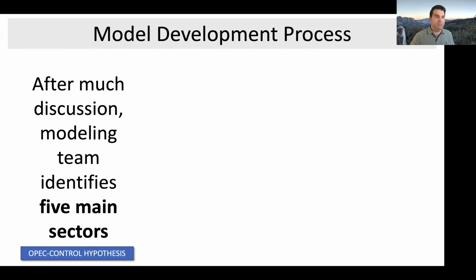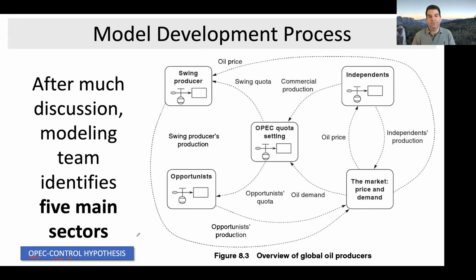And that's when they pulled together a modeling team of diverse expertise, and they used the model as a way to pool their expertise and create a more interesting and more dynamic model. And that's what I'm calling the OPEC control hypothesis instead of the simple microeconomic hypothesis. This more complex model had 5 sectors, which they talked about in the chapter, and we'll go into in a little bit here.